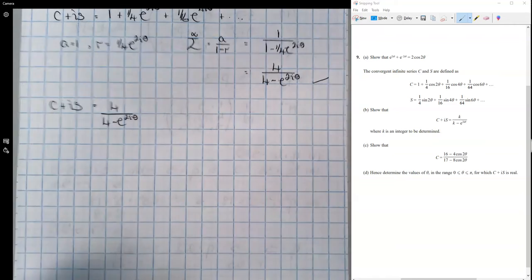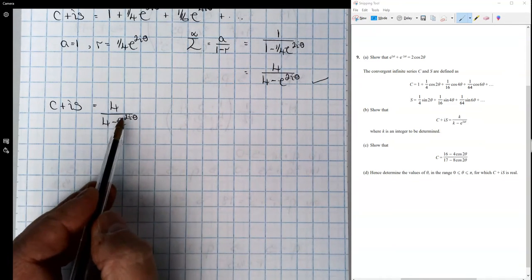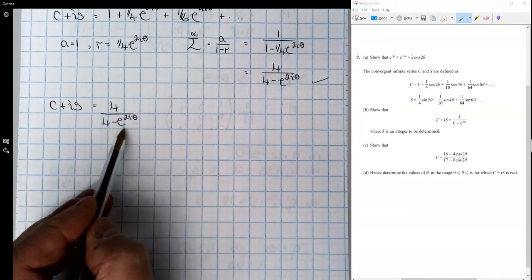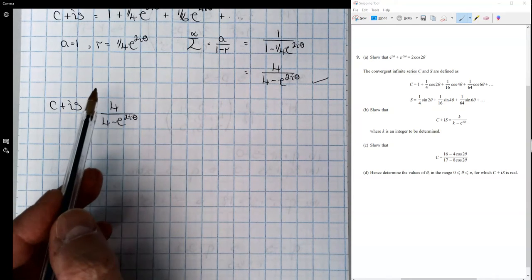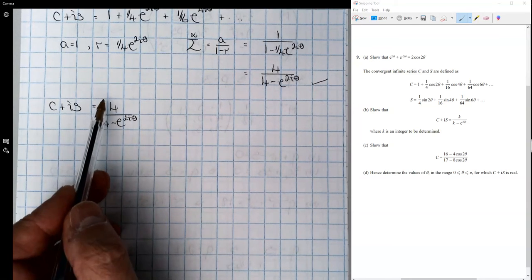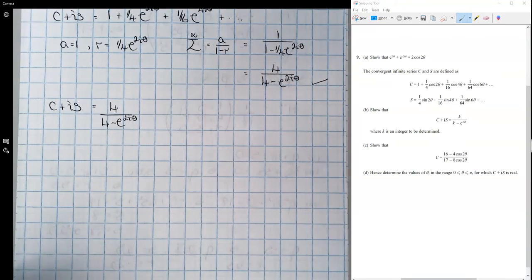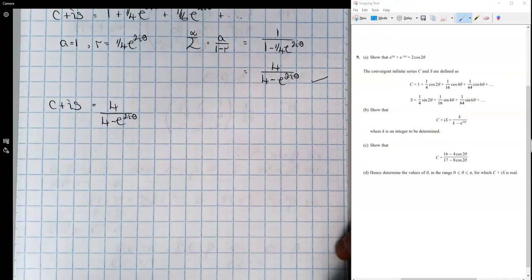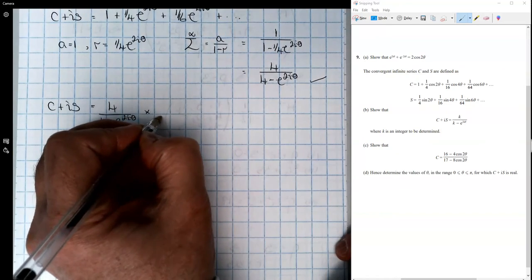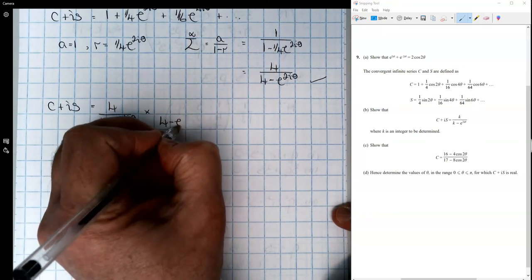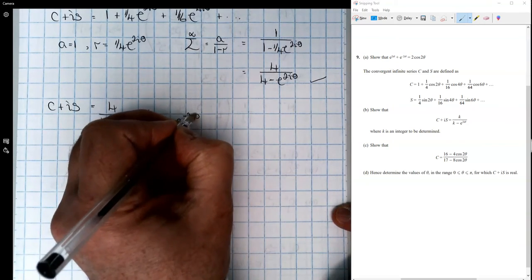Now the difficulty in splitting it between a real and an imaginary part is that our denominator is complex. So what we need to do is make our denominator real, then we can just pick out the imaginary part or the real part from the top, whichever bit we want. So to do that, we're going to multiply top and bottom by 4 minus e to the minus 2i theta.